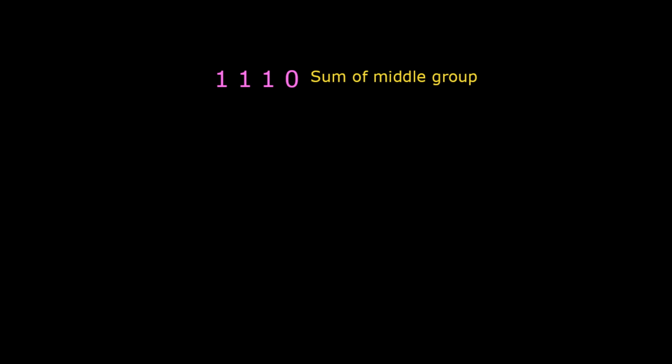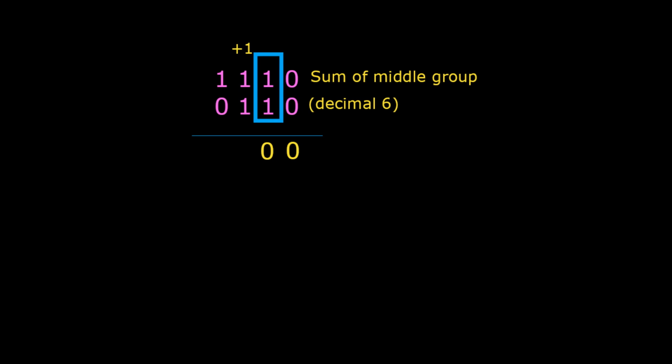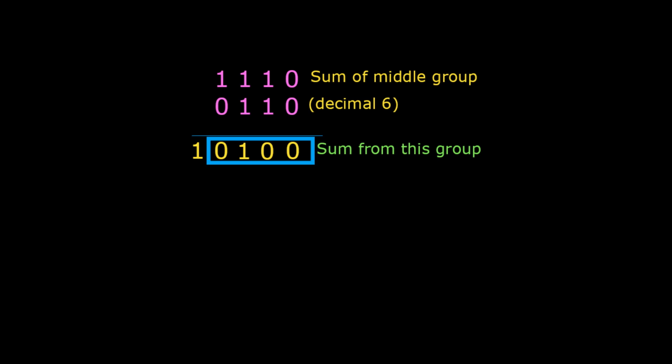So again we have to add 0110, that is decimal 6, to the result. Let's perform the sum now. Here the last nibble 0100 will be considered the result of the sum, and the carry 1 to be added to the next group.